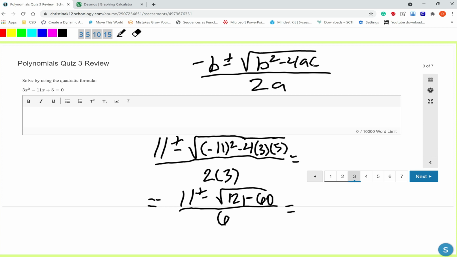And this simplifies into 11 plus or minus root 121 minus 60, which is 61, all this over 6. We can either take a picture of our work and upload it, or type that in using the equation features of Desmos. Taking a picture of the work is perfectly sufficient for this one. So we're done question number 3.